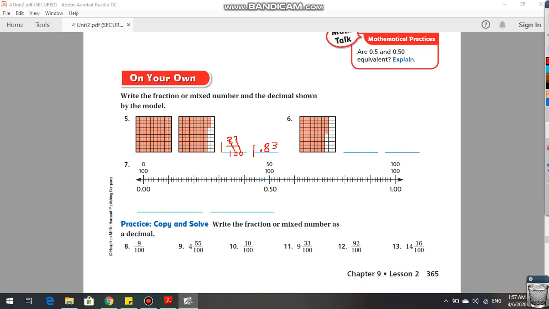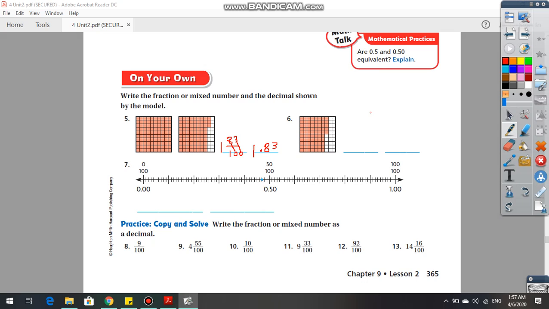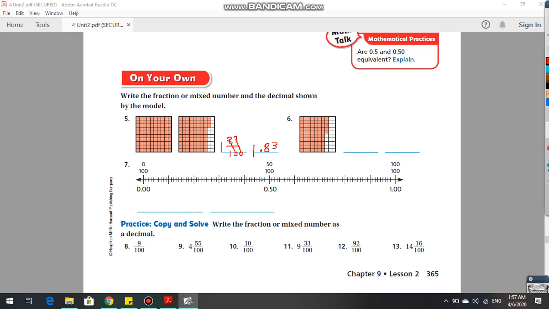I will do it again. 10, 20, 30, 40, 50, 60, 70. I'm sure it's not 70. 10, 20, 30, 40, 50, 60, then 70. Yes, it's 70 from the beginning, I was right. Okay, 71, 72, 73, 74, 75. 75 over what? Yes, over 100.